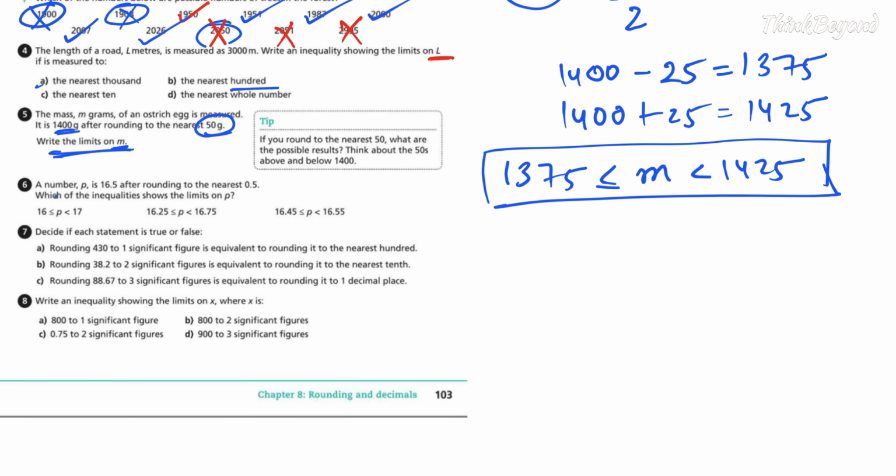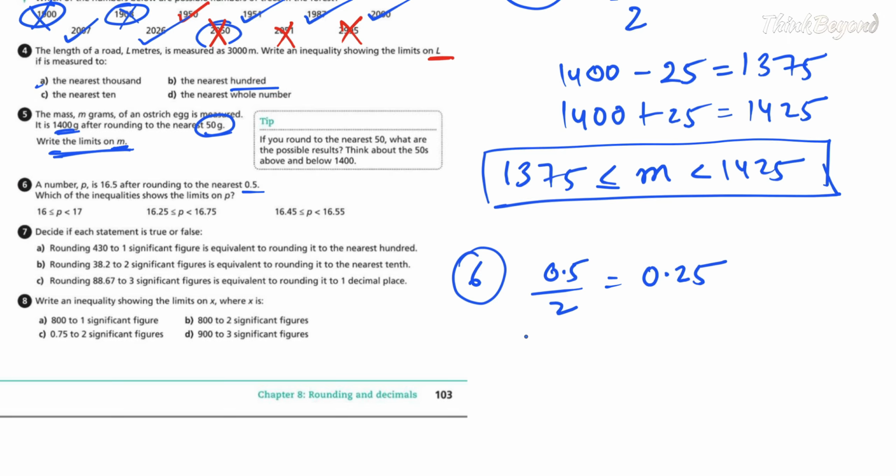Now for question 6, it says a number p is 16.5 after rounding to the nearest 0.5. Which of the following inequalities shows the limits on p? So we will check one by one. It says 0.5, so do the half of 0.5, which will give you 0.25, right?